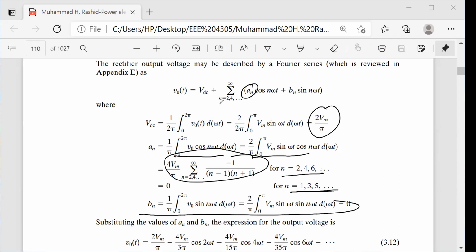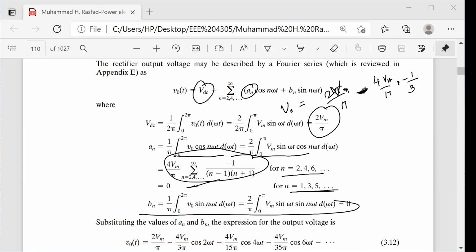Finally, if you put this one here, then you will get V0 will be 2Vm by pi. This is the DC value here. And then you have to use this one for n equal to 2, say 4Vm by pi. Then if you put n minus 1, 2 minus 1 is 1, and n plus 1 is 3.